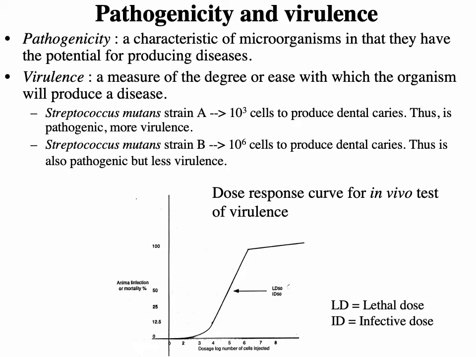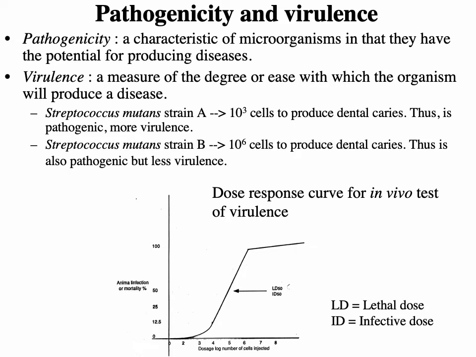On the y-axis, you find where 50% of animals develop dental caries, go over to the curve, and drop down to the x-axis. That gives you the number of bacteria, about 10 to the 5 in this particular graph. That gives you a measurement, in this case the ID50.